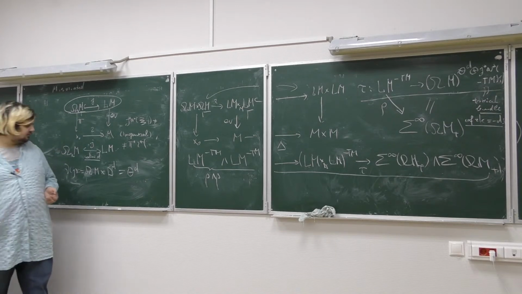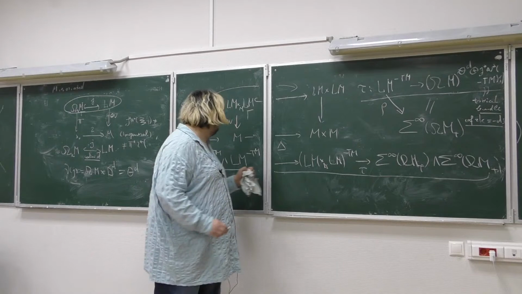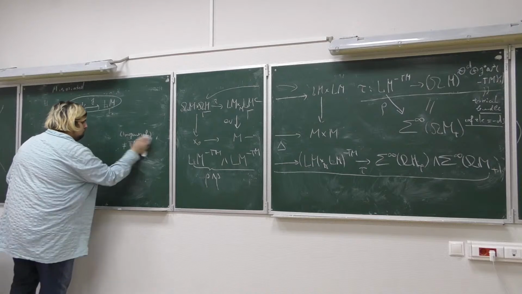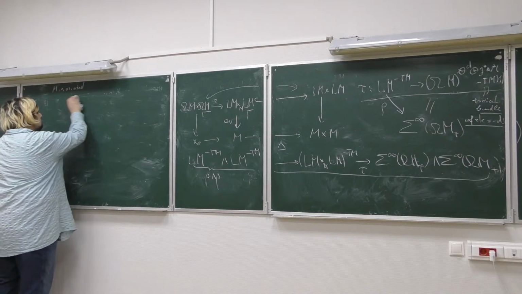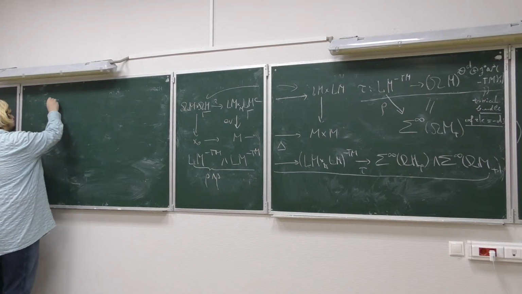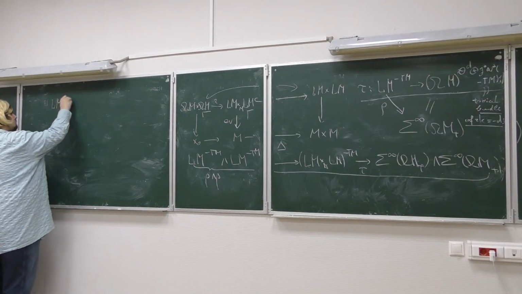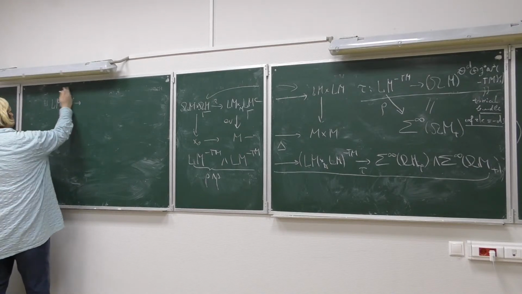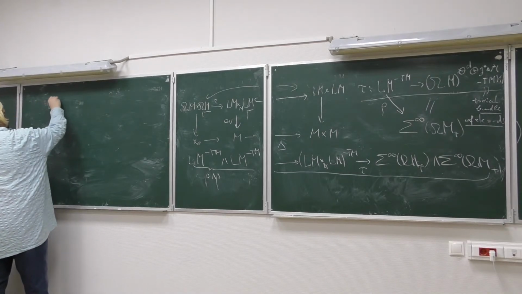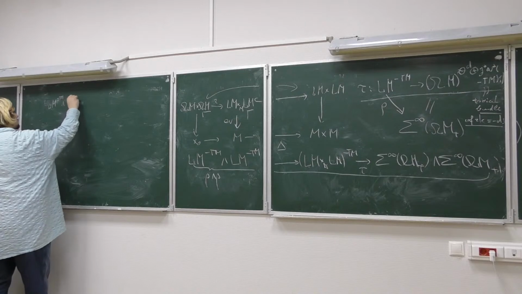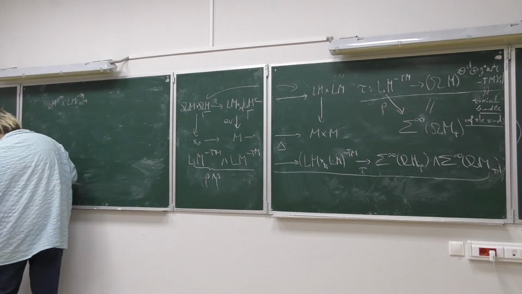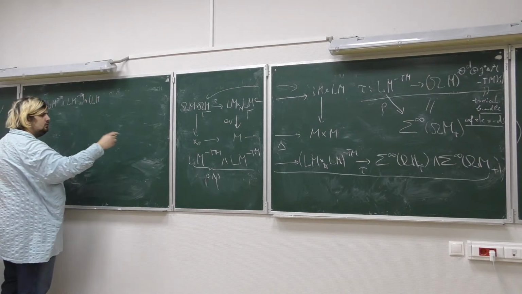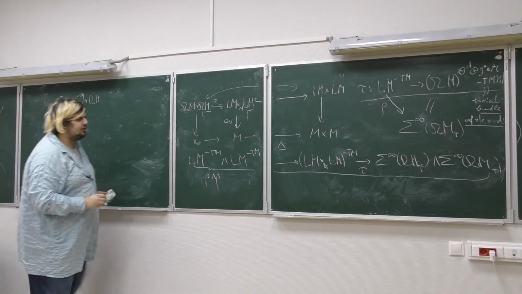We get another commutative diagram. Okay, so the top row is just like this. Maybe it's better if I just draw it here.